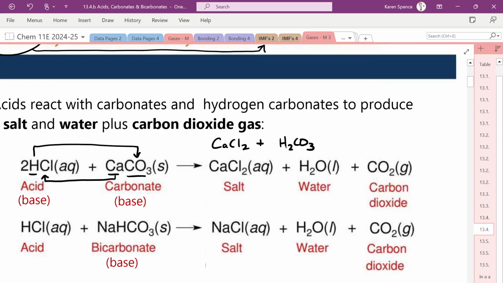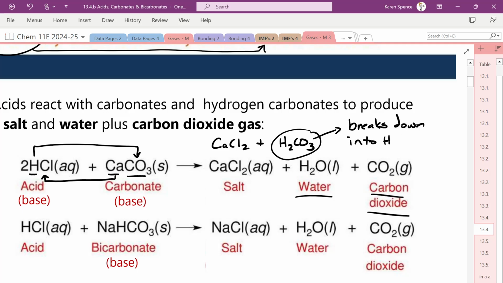But if H2CO3 is left on its own, it will break down into water and carbon dioxide, okay? So the H2CO3 breaks down into H2O plus CO2.